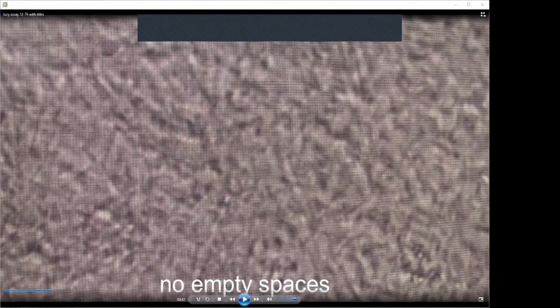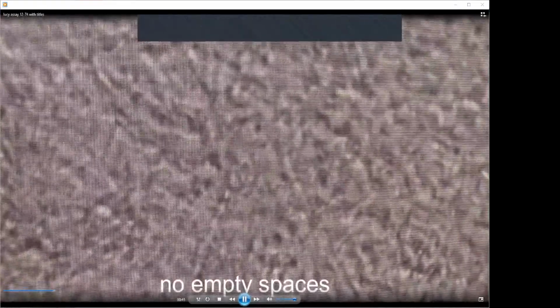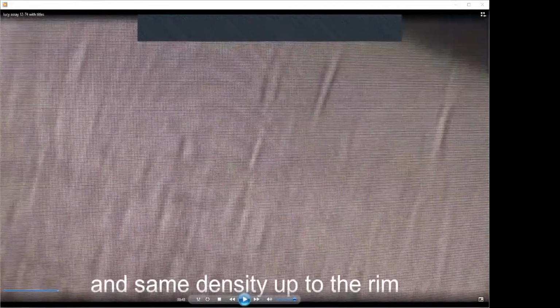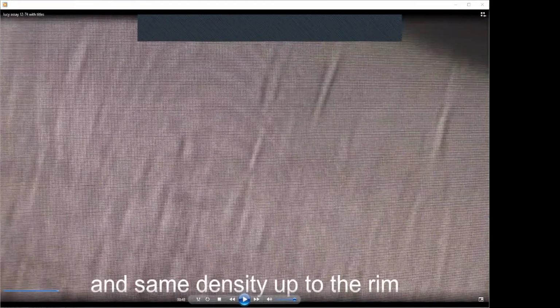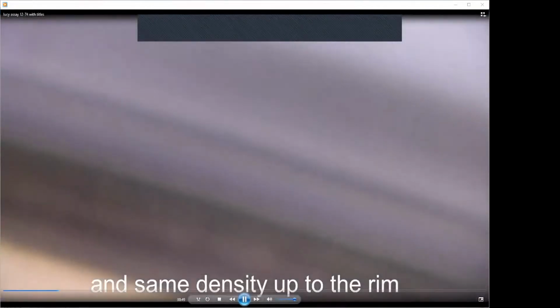So what you see, I have written here also on the bottom of the video in the subtitles that there are no empty spaces and that the plate is very dense up to the rim, so you don't see any difference between the center of the well and the edge of the well.